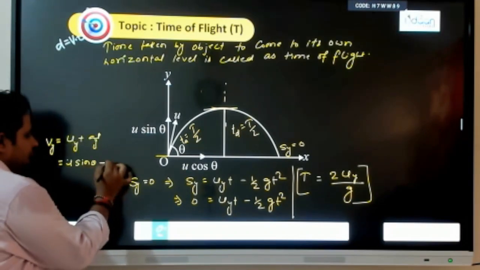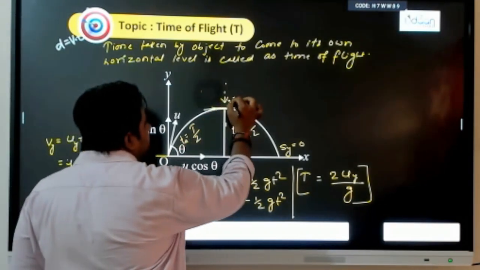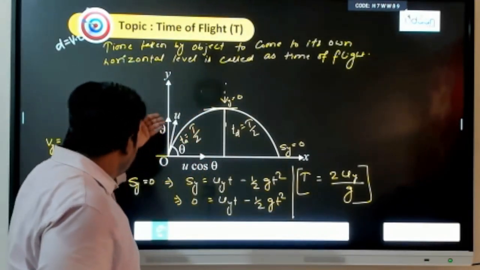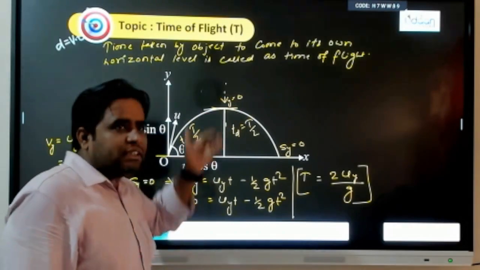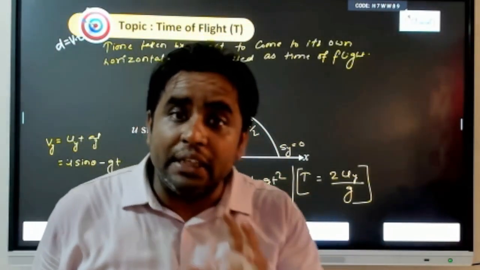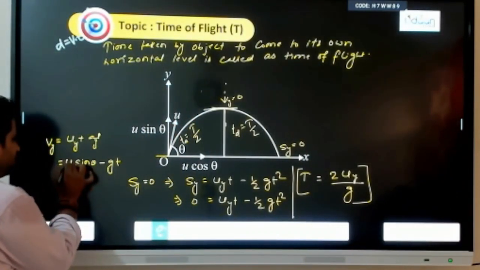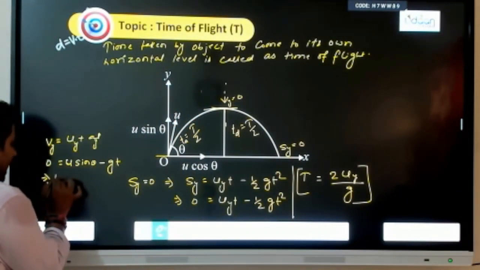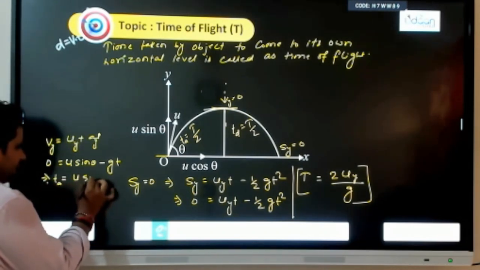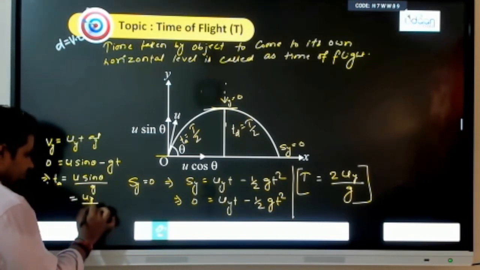And here it becomes minus g into t, and at this point vy will definitely become 0. Don't you think so? Why? Because each second it is decreasing by the value of g. So at the instant where the maximum height is attained, Vy will be considered to be 0. If I put that here, the time value comes out to be the time of ascent, and that will be u sin theta upon g, or you can say Uy upon g.